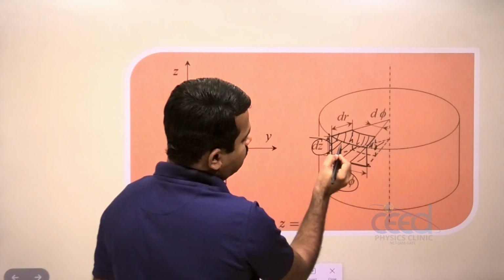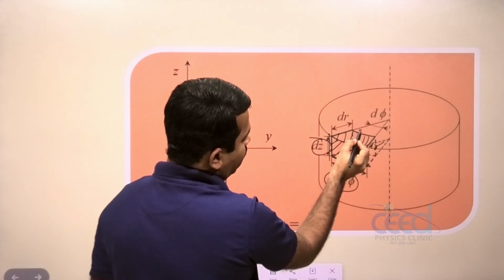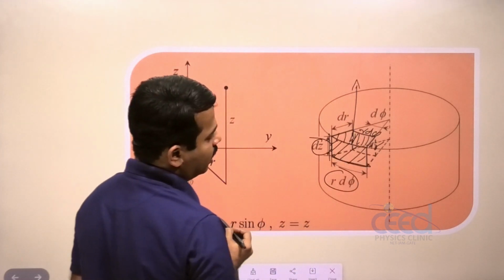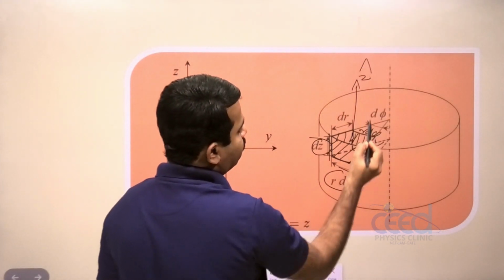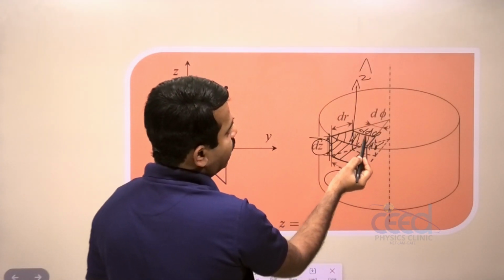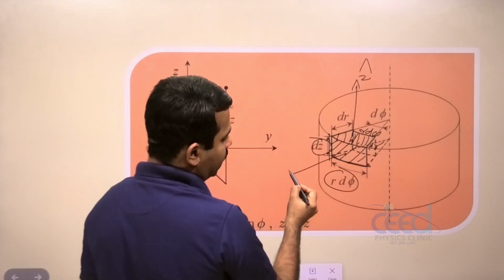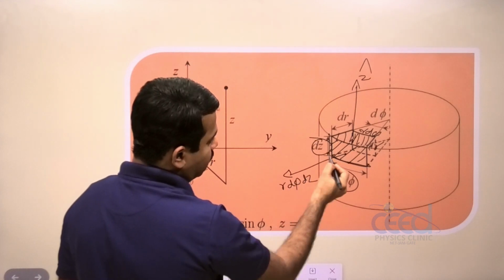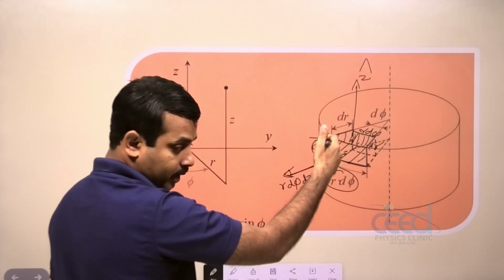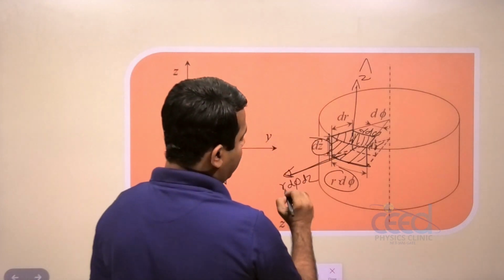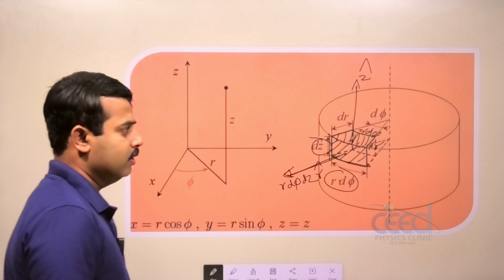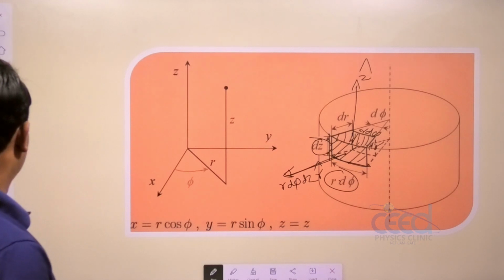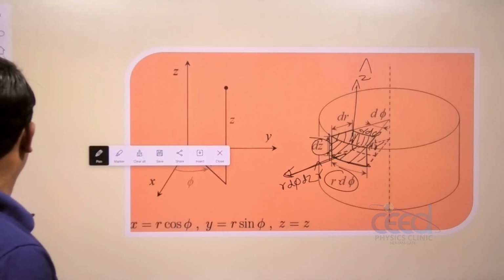This is dr, and this is r d phi. Then this area we can project it like this. So this direction is z cap. This area is r d phi dr z cap. This area projected like this is r d phi dz. It is along the radius, radially outwards, so r d phi dz r cap. Alright, so those two areas are given here.